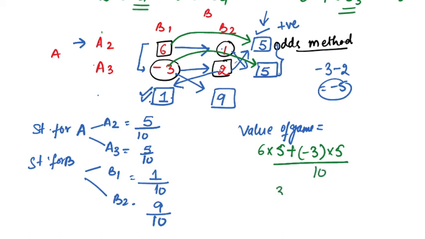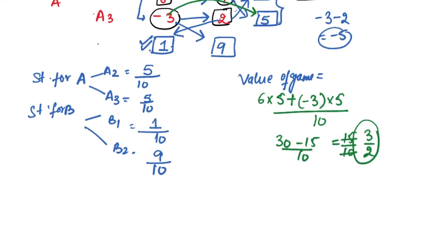So what is this? 30 minus 15 over 10, that is 15 over 10, which comes out to be 3 by 2. So what is the value of game? Value of game is 3 by 2 and strategies is already shown.